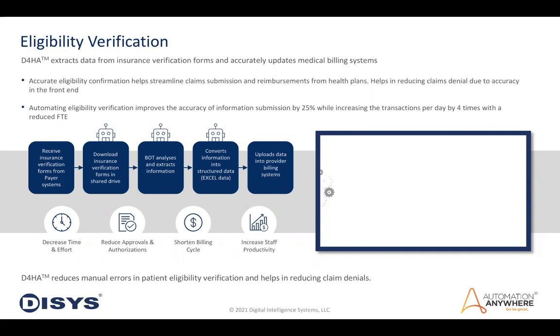So we can get reduced denials from the payers due to accuracy of capture of information on the front end. That's what we are trying to achieve here. And by automating this eligibility verification, we can improve the accuracy of information submission by 25% while increasing the transactions per day 4 times with a reduced FTE cost, full-time equivalent manpower.